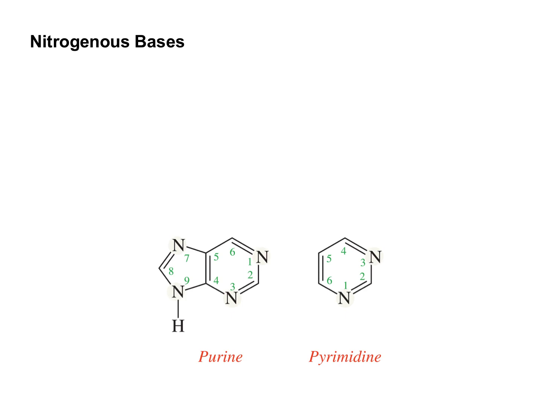There are 4 different nitrogenous bases that are found in nucleic acids, and what we see here is each of the bases.